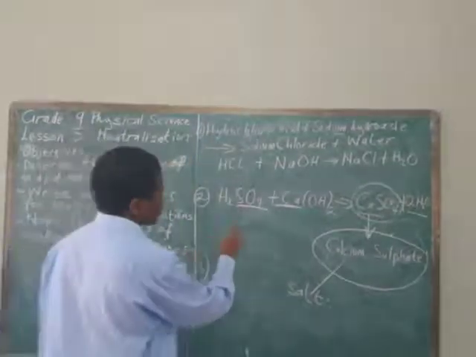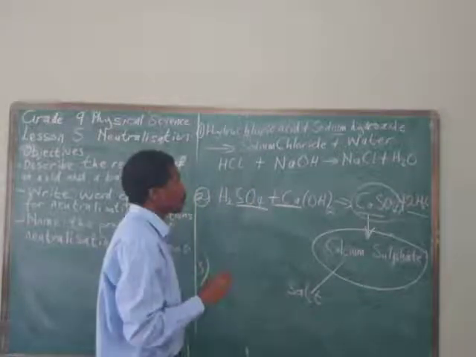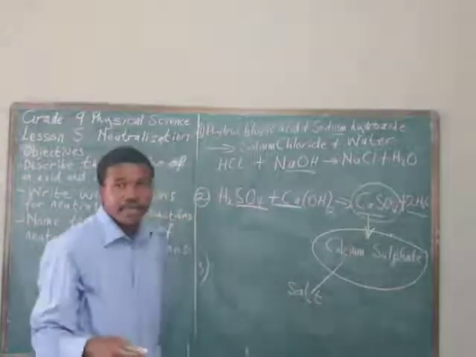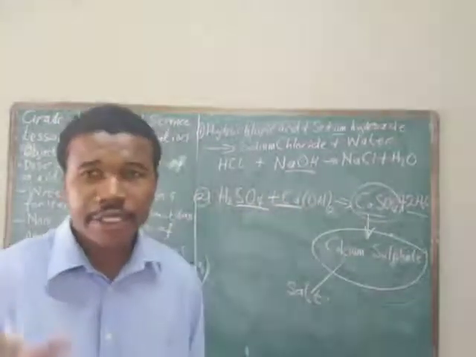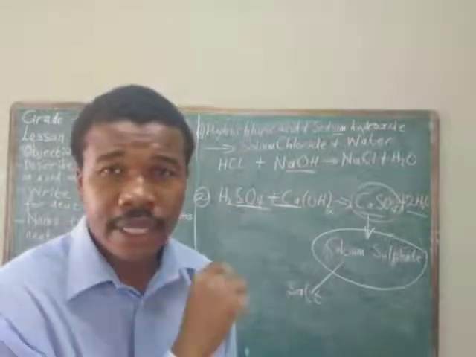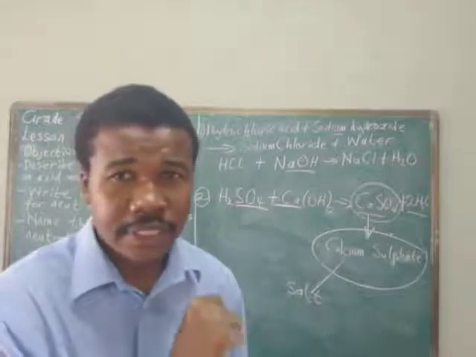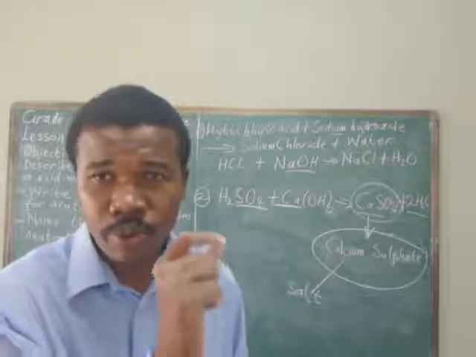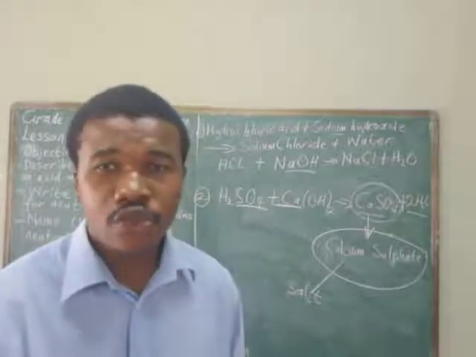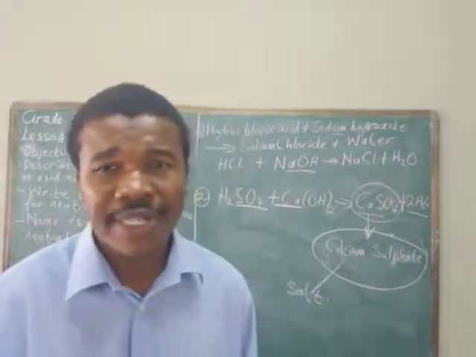If you look at the reaction, the first one with HCl as the acid, this is our base, sodium hydroxide. Just take this time to identify which one is the anion and which one is the cation. If you are looking at the base like sodium hydroxide, I need you to point on the sodium hydroxide which one is the cation, and then go on to hydrochloric acid and point which one is the anion.